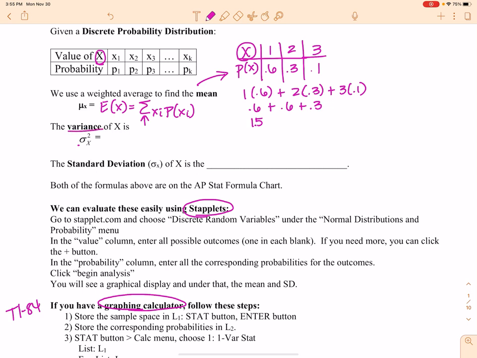We need to talk about the variance of x. The variance of x is the sum of the squared differences between all of your outcomes and the mean, times the probability of each of these. The variance is basically the standard deviation squared, because the standard deviation is this symbol right here, little sigma from the Greek alphabet.